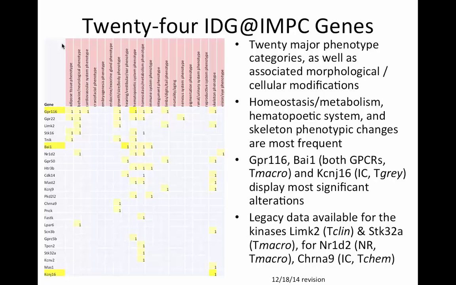They look at skeletal changes, weight increase, etc. And some of these proteins are G protein coupled receptors or ion channels, and those that I highlighted are GPR116, BA1, and this potassium channel, they have the most significant alterations. So it's quite an intriguing way to validate targets.